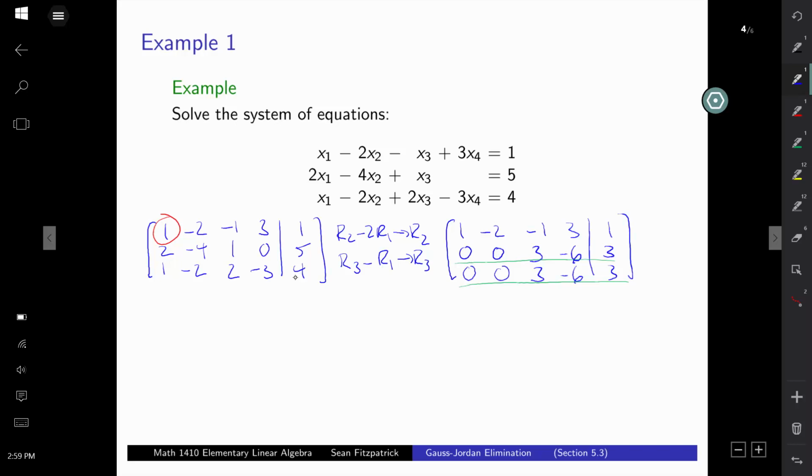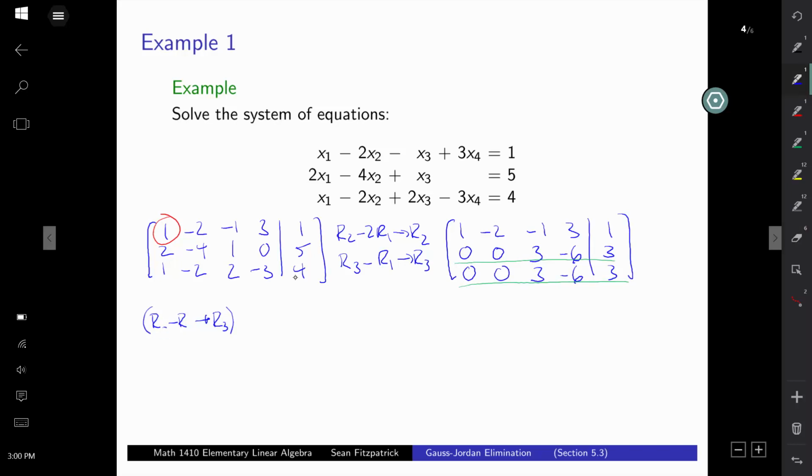So one of the things I'm going to do, there's going to be a step, but I'm going to skip it. I'm going to do row 2 minus row 3 and make that my new row 3. But I'm not going to bother to write down that step because I know what that step's going to be. It's just going to create that row of zeros on the bottom. Sorry, row 3 minus row 2.